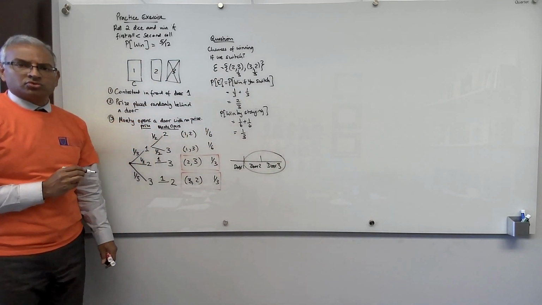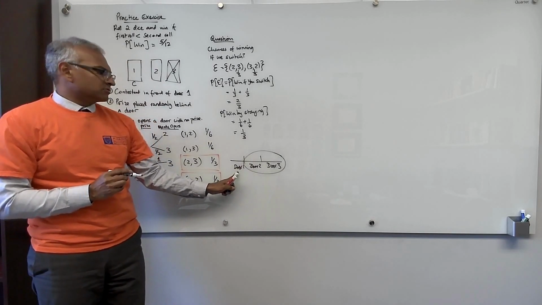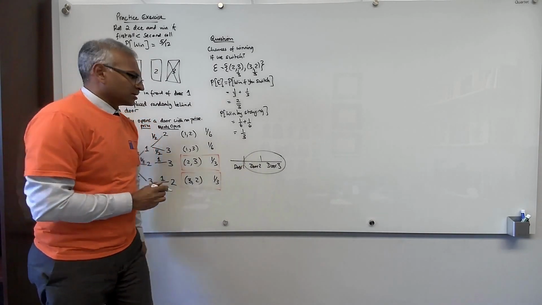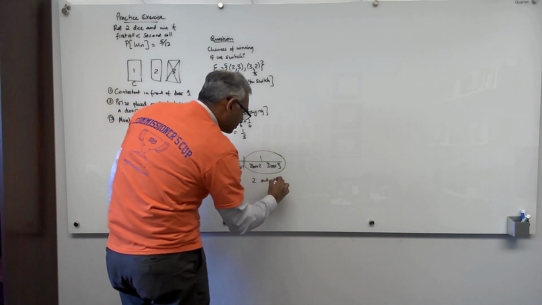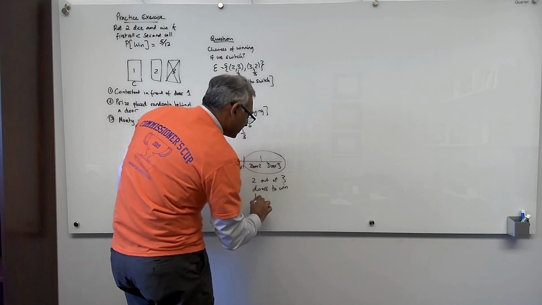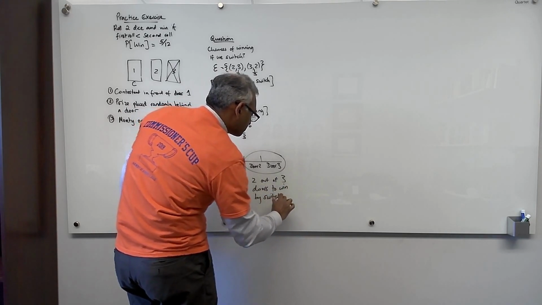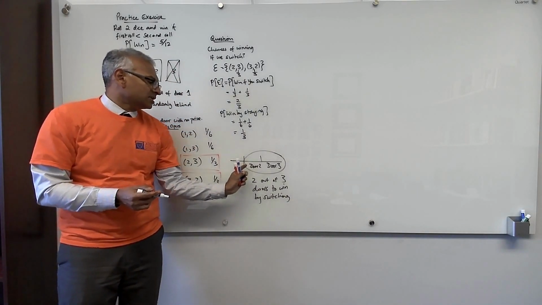Either of those doors works for winning by switching, and there are 2 out of 3 doors that you can win by switching. And so the chances are 2 out of 3 to win by switching. And that's just because the prize is placed with equal chances to be behind each door.